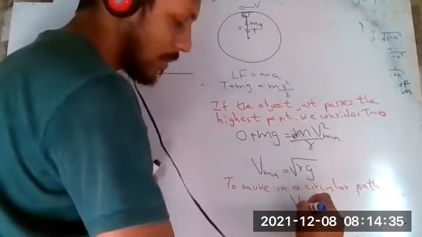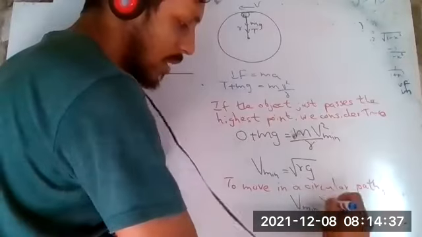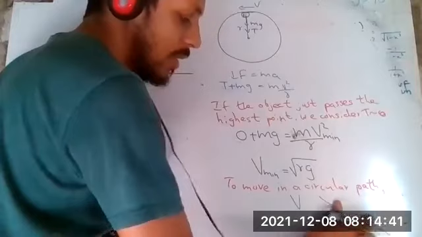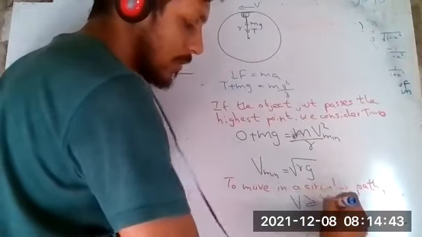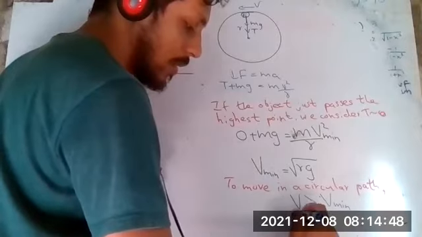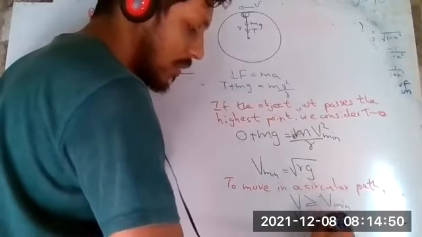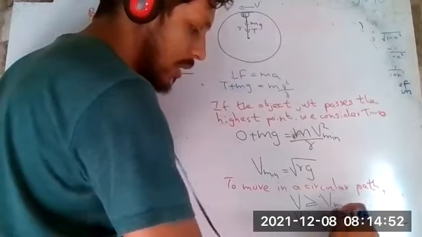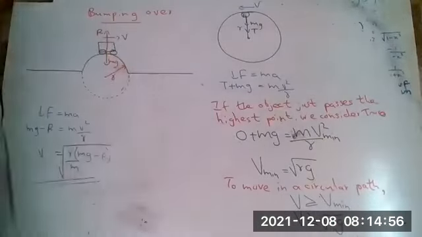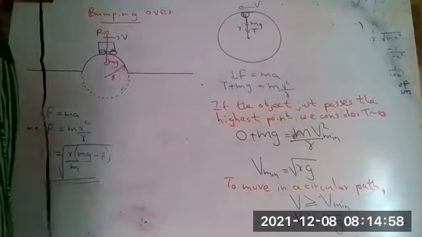V should be greater than or equal to v min. Then v should be greater than or equal to root rg, in other words. So if it is less than that, what will happen?